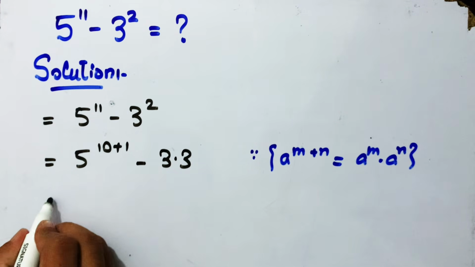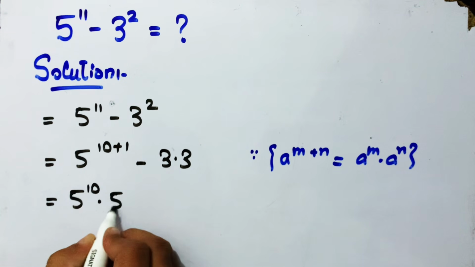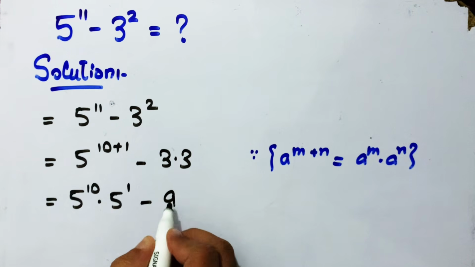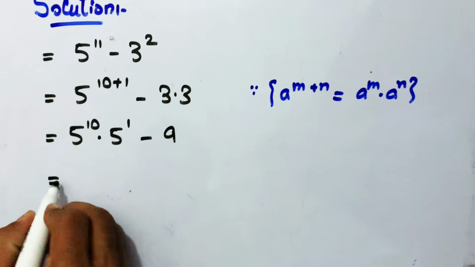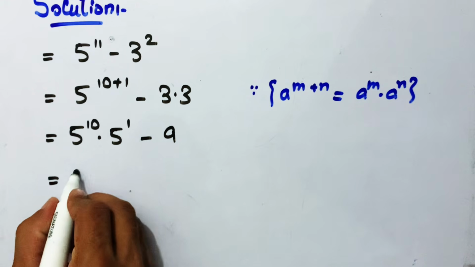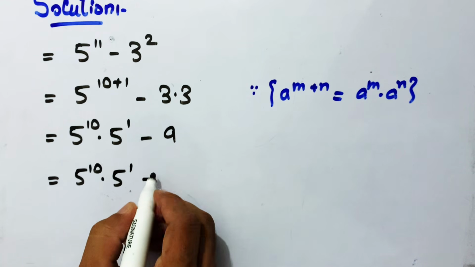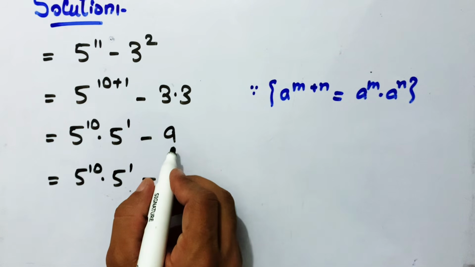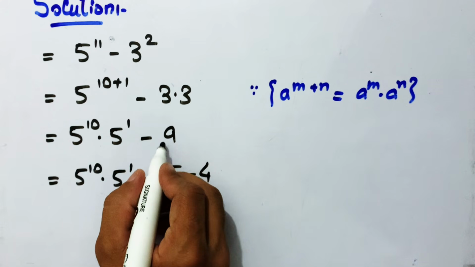Our solution will be 5 to the power of 10 into 5 to the power of 1, minus 9. I write minus 5 and minus 4, which equals minus 9.